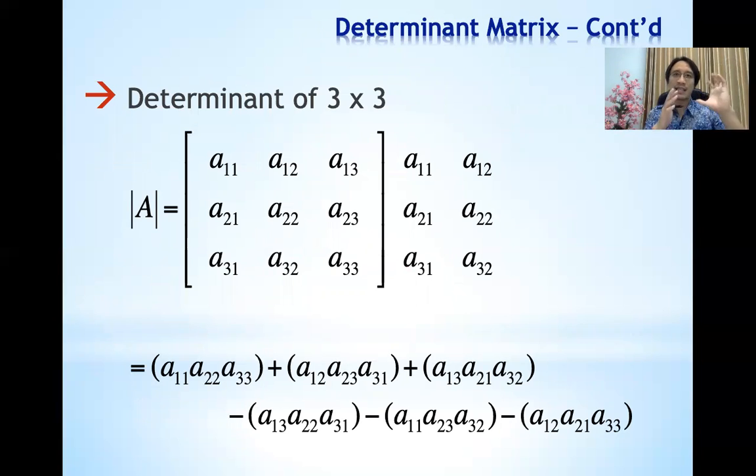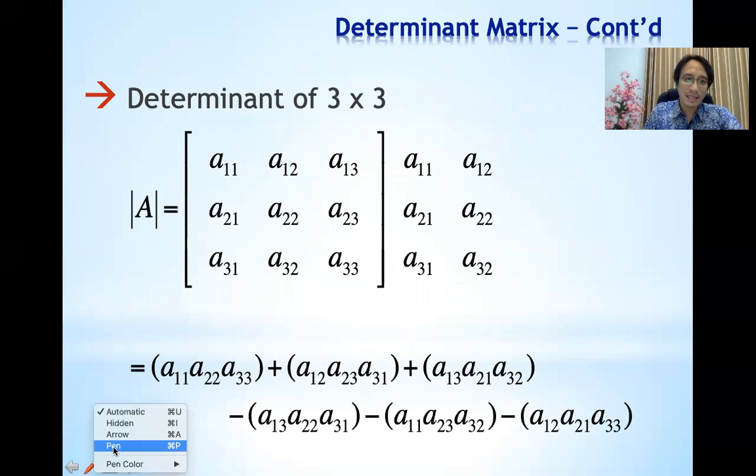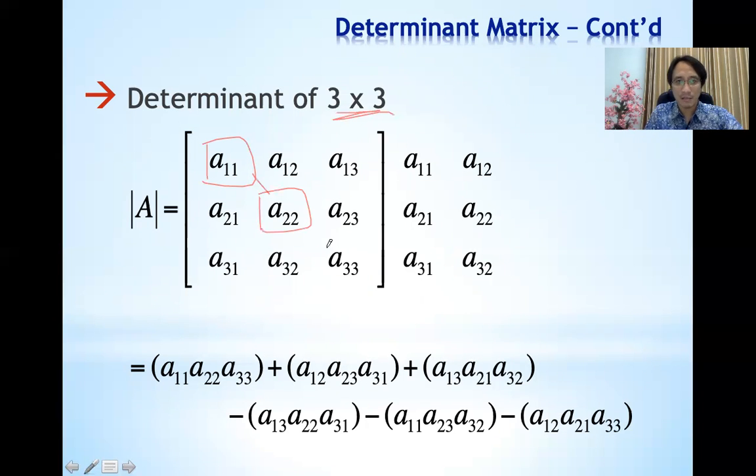So for the determinant of 2 times 2, we can find the result of the 2 times 2 matrix. It also applies to the 3 times 3 matrix. The determinant is simply this part, you just multiply it.